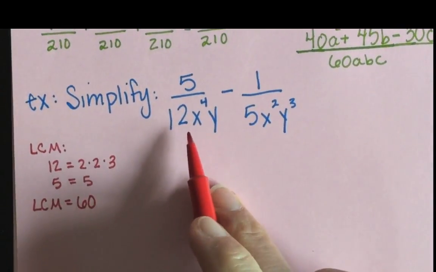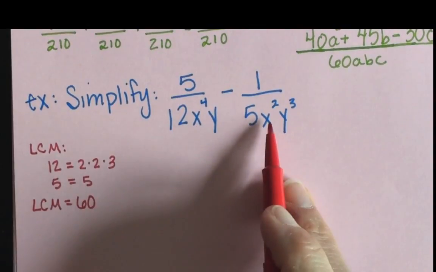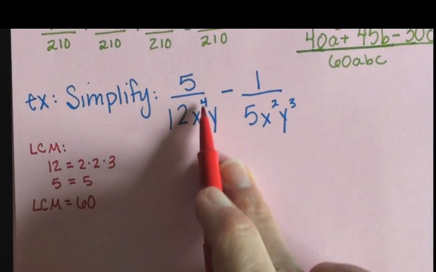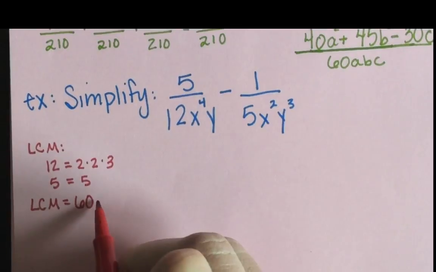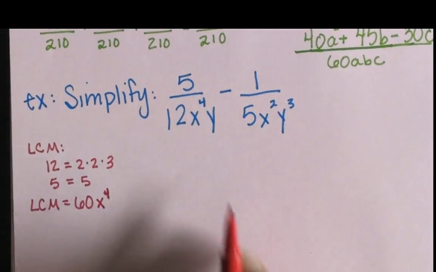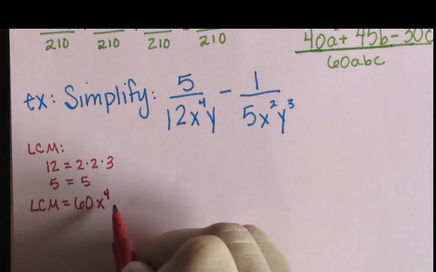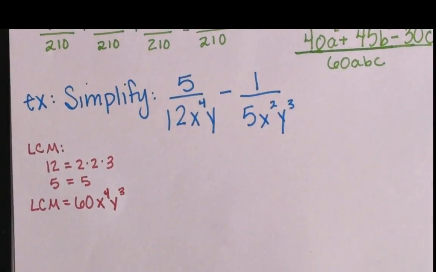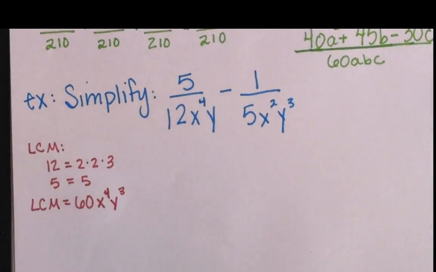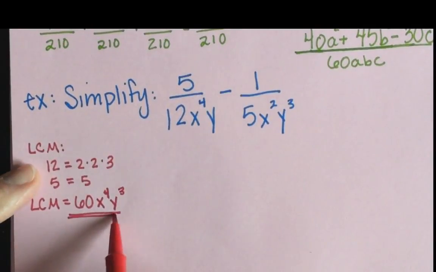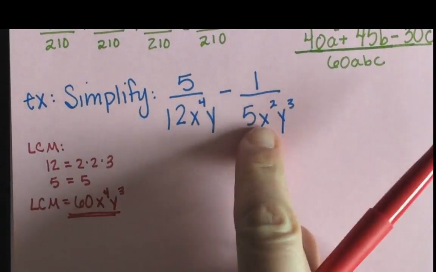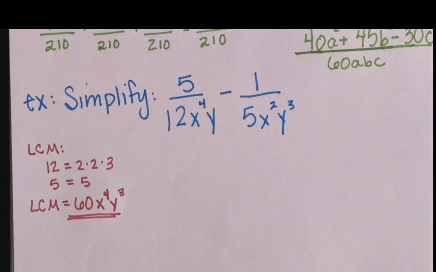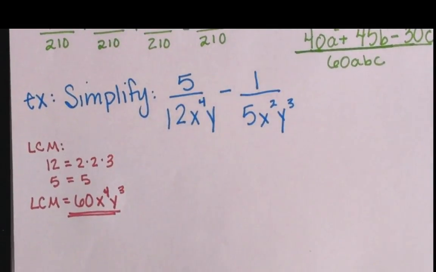And then I'm going to look at what my powers are on x. Well, x to the 4th is the biggest power, so I want to leave it as x to the 4th. Y to the 3rd is our biggest power, so we're going to leave that there. I don't have any other variables to worry about. So our LCM to make each one of these is 60x to the 4th y cubed.